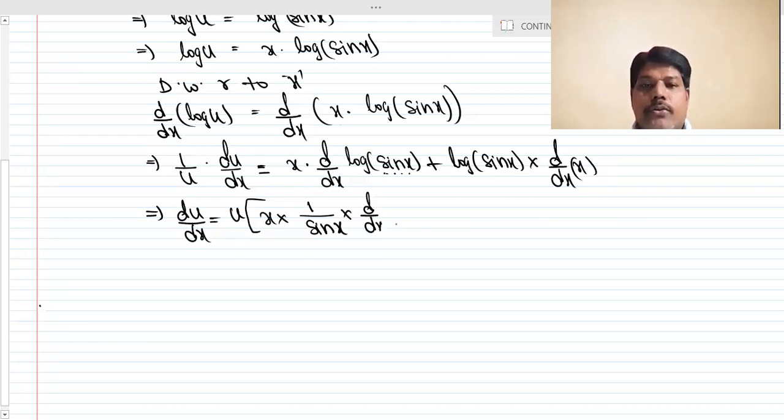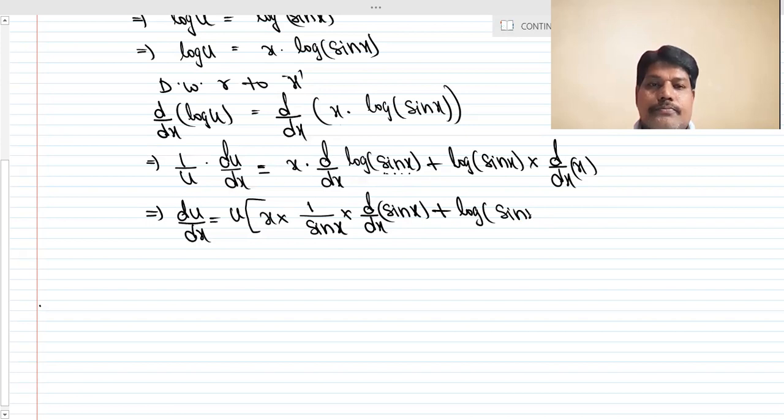Here f of x is nothing but sin x only. Plus log of sin x into derivative of x, which is 1.